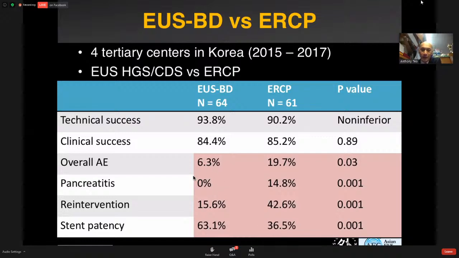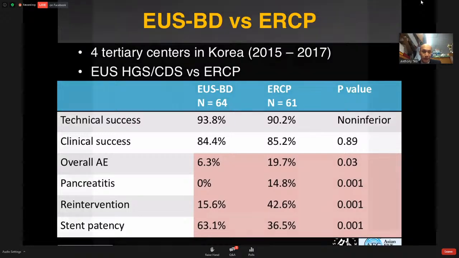In the USBD arm, obviously there were no patients with pancreatitis, and in the ERCP arm there was 14.8%. So this study is promoting USBD as a primary method of draining the bile duct in patients with unresectable tumor.